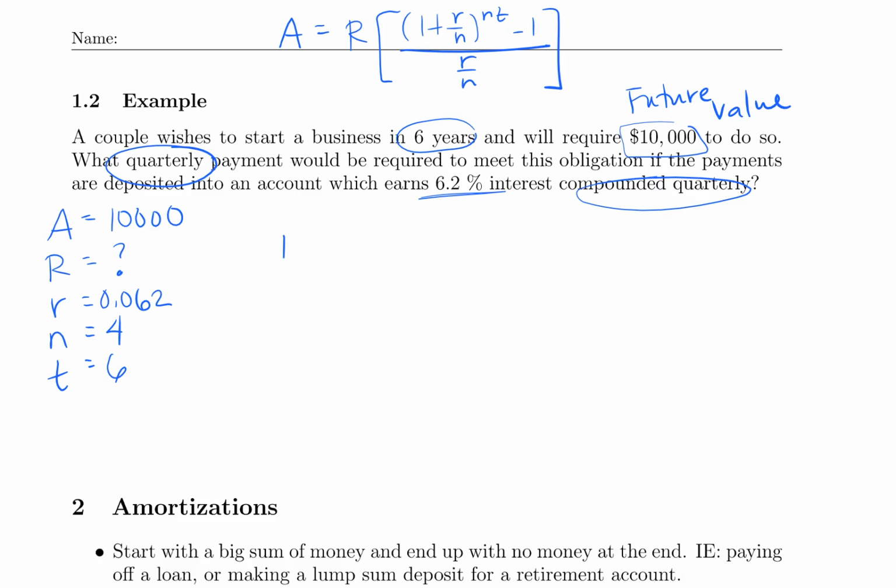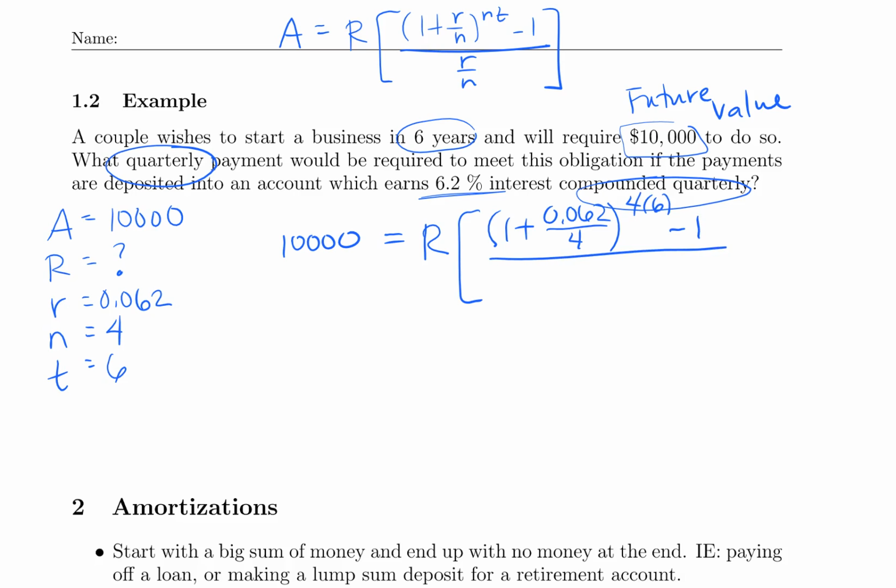We know the future value is $10,000. We don't know the payment, so we'll leave that as a variable. We can fill in the numerator: 1 plus the interest rate, 0.062, divided by n, which is 4, and we're going to raise this to the 4 times 6, minus 1, all divided by 0.062 divided by 4.